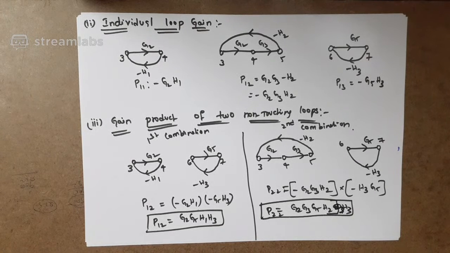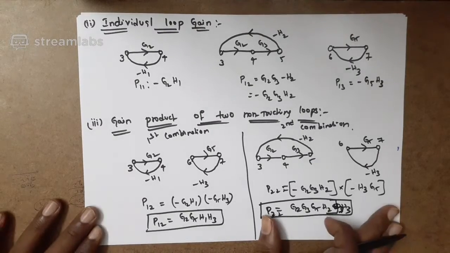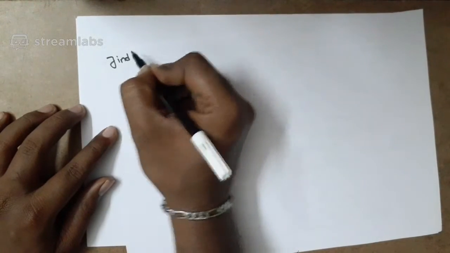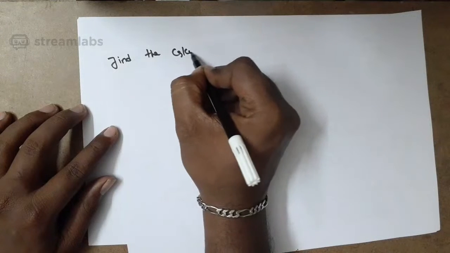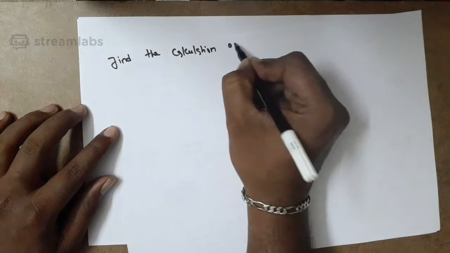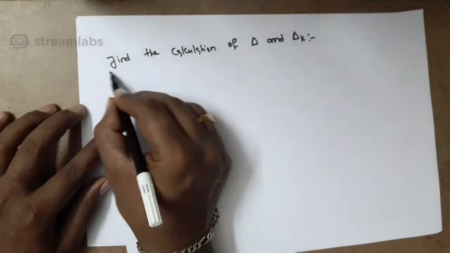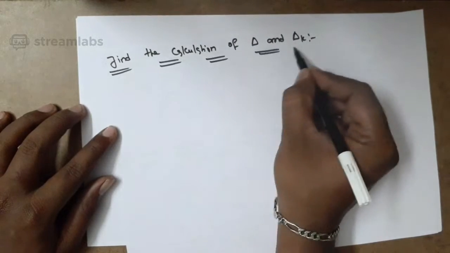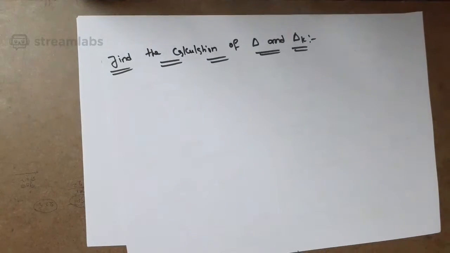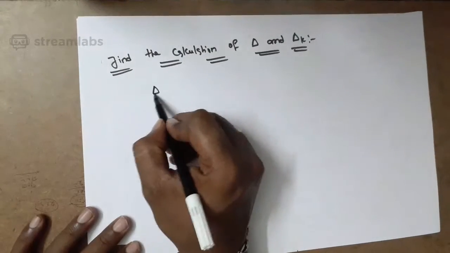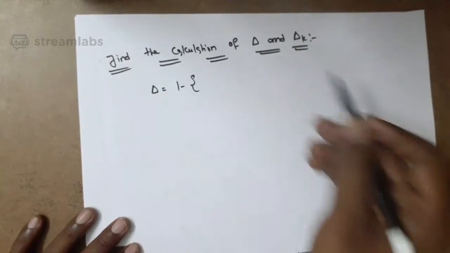Now we are going to find the calculation of del and delta k. Okay, now we are going to see delta is equal to 1 minus, what is the formula?